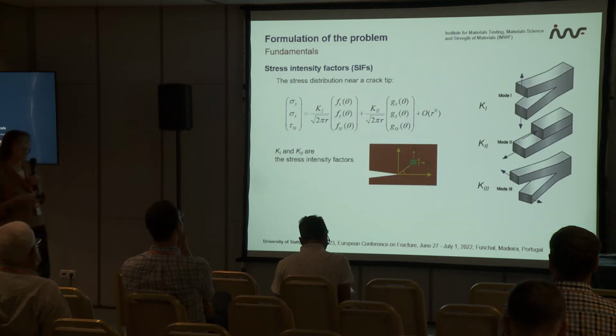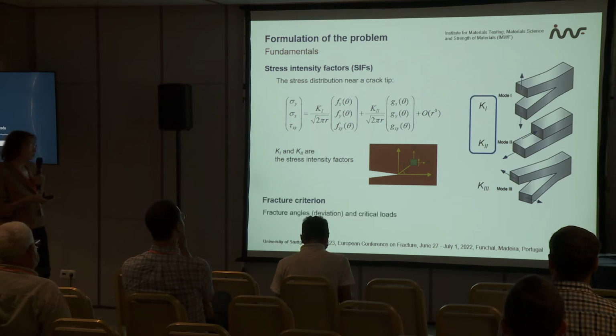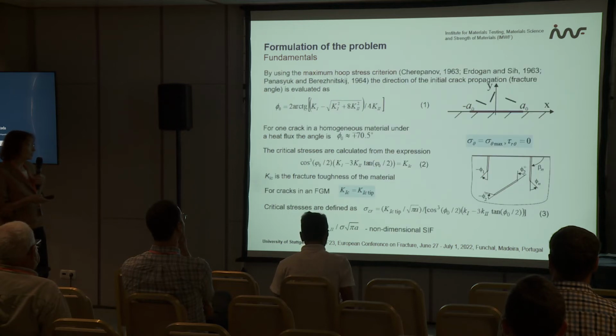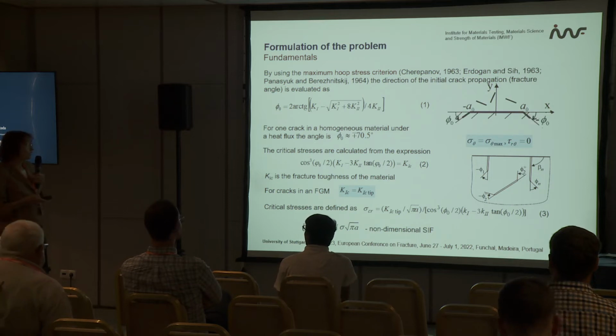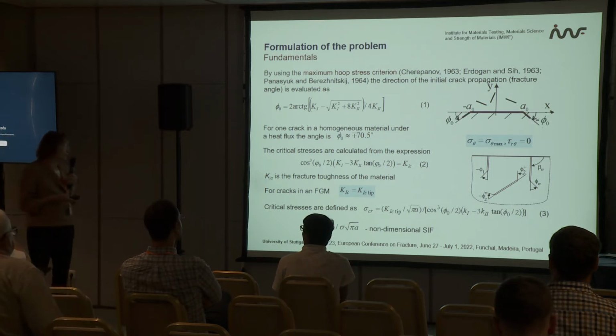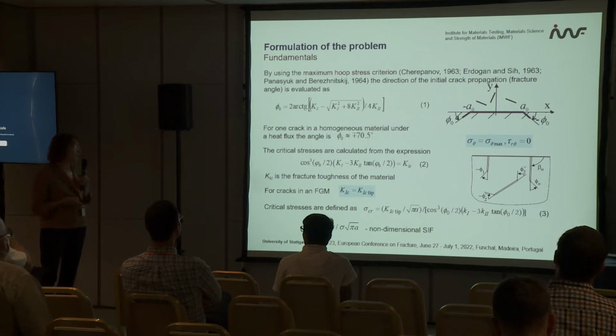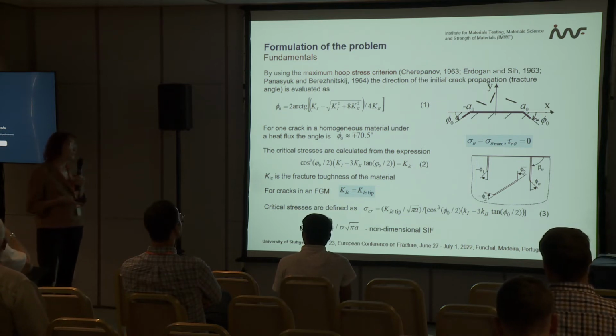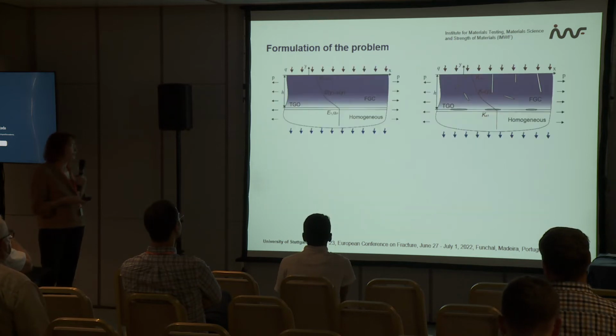We calculate stress intensity factors in mixed mode K1, K2, and then using fracture criteria we can calculate other fracture characteristics, for example the deviation angle or fracture angle, and critical loadings. In this case, we have to know the fracture toughness near crack tips.